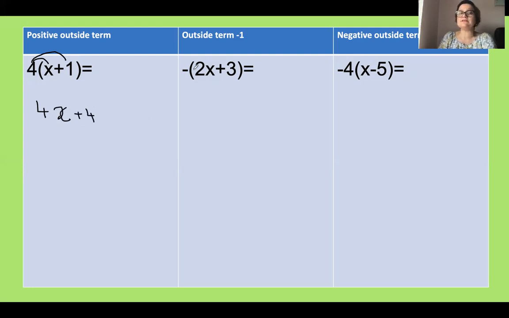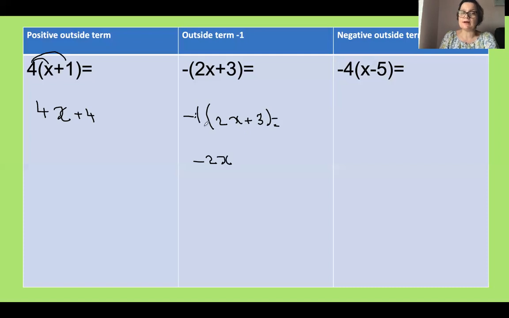In the second one, we said minus means a -1, which means you multiply by -1. So I'm going to rewrite -1 just so that you see how that works, okay? Equals -1 times 2x becomes -2x.